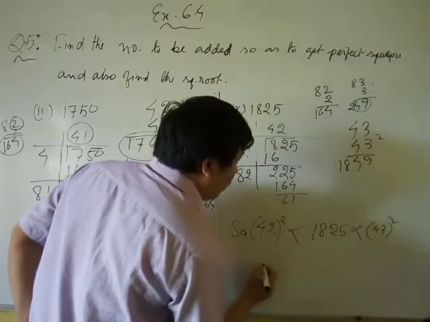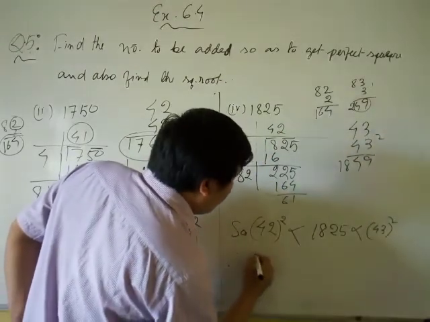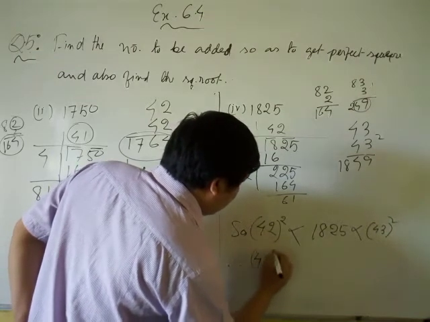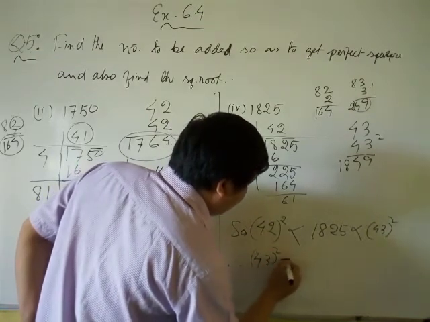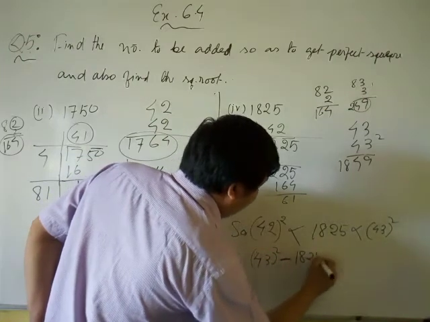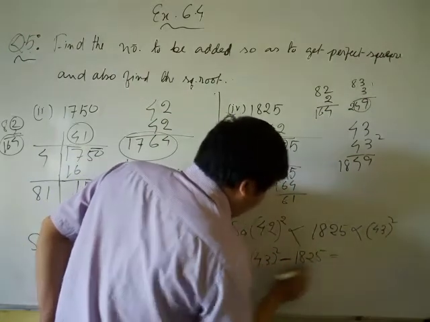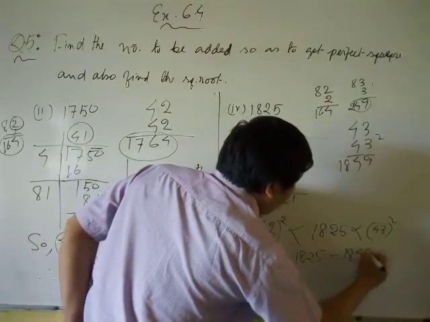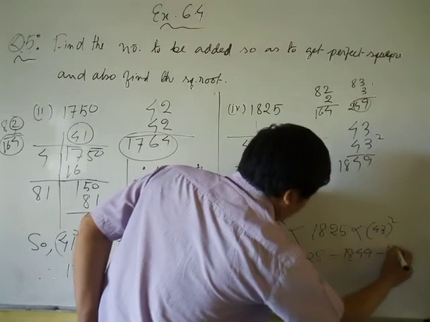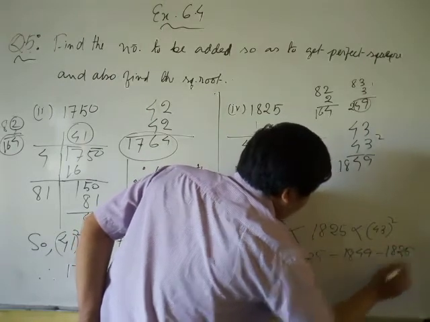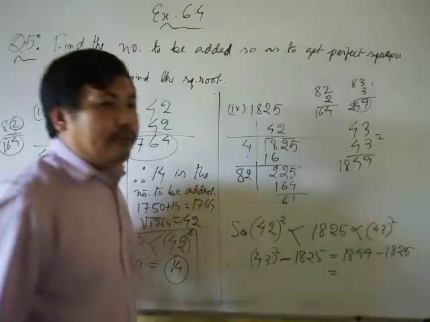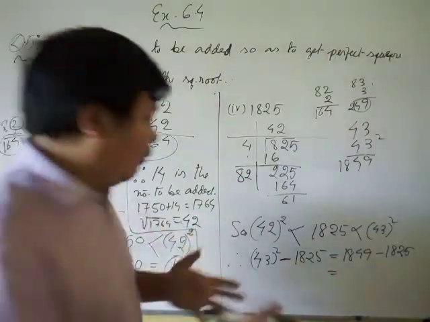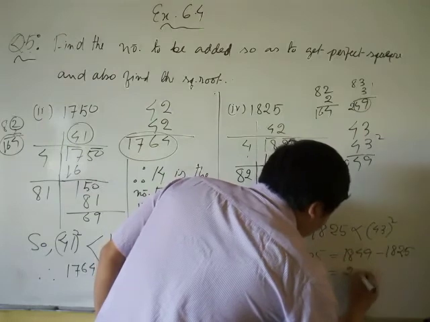You get here the square of 43 minus 1825. That means 43 square, how much will we get? 1849 minus 1825. Okay. That means how much do we get here? If you subtract the number from here, then how much do we get? We get here 24. Yeah, 24 we get here.